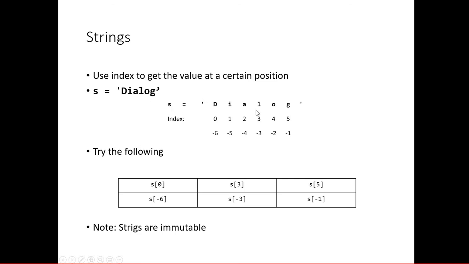For example, for the characters of dialog, we can indicate index as 0, 1, 2, 3, 4, 5 and so on. This is called forward indexing. And these minus values go backwards.